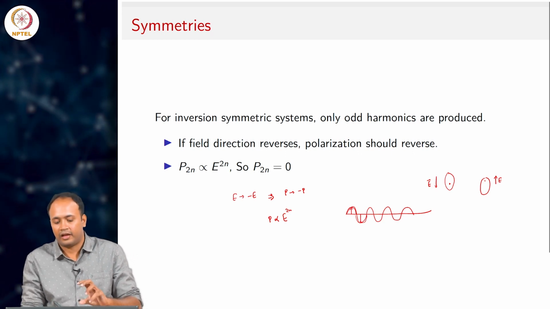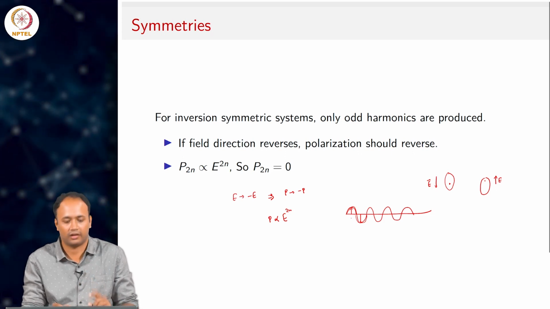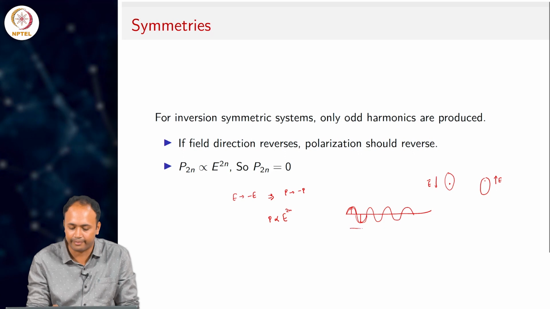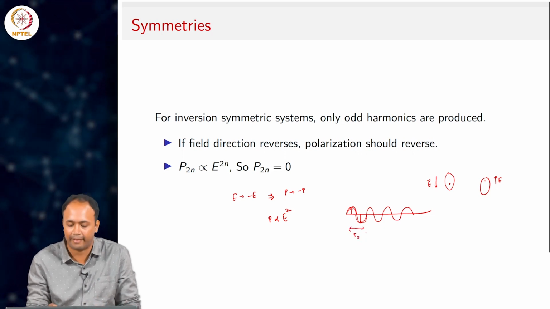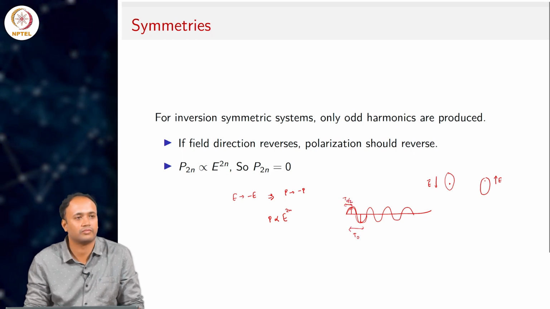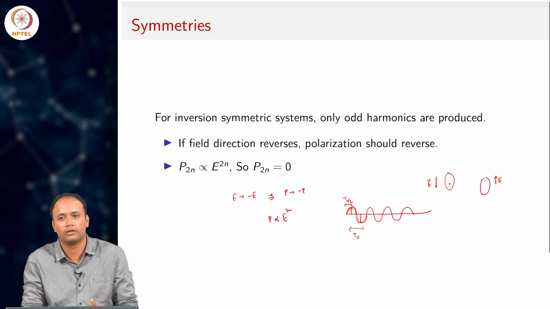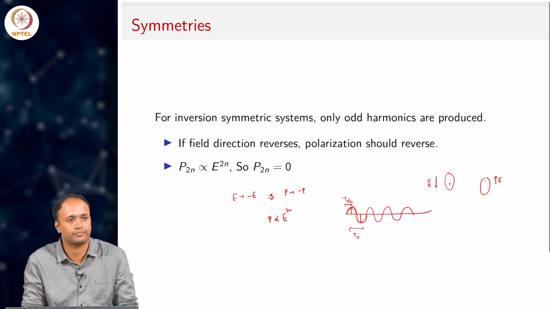So I have exactly the same process repeating, not at period T, which corresponds to the time period of this driving laser, but at T naught by 2. So it's half of the period, which would then correspond to the fact that I cannot have even harmonics.